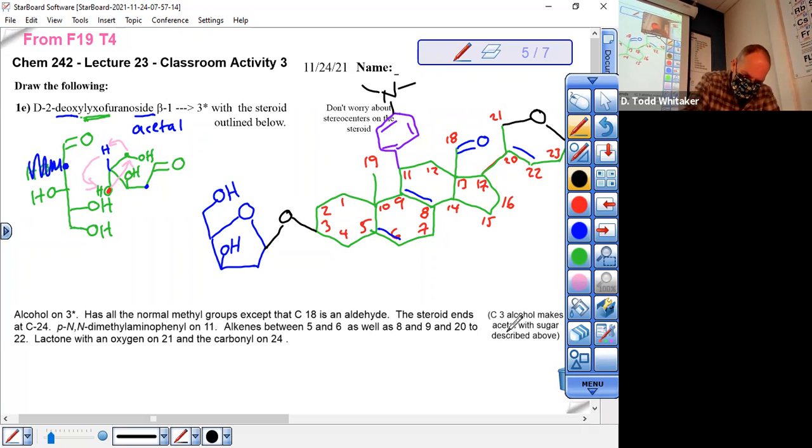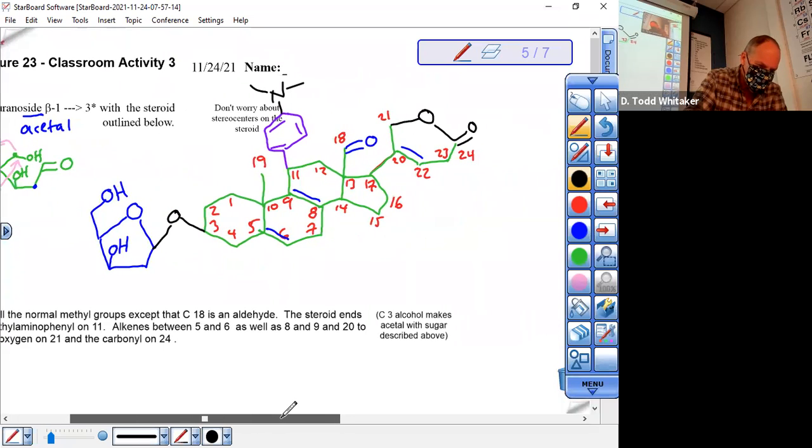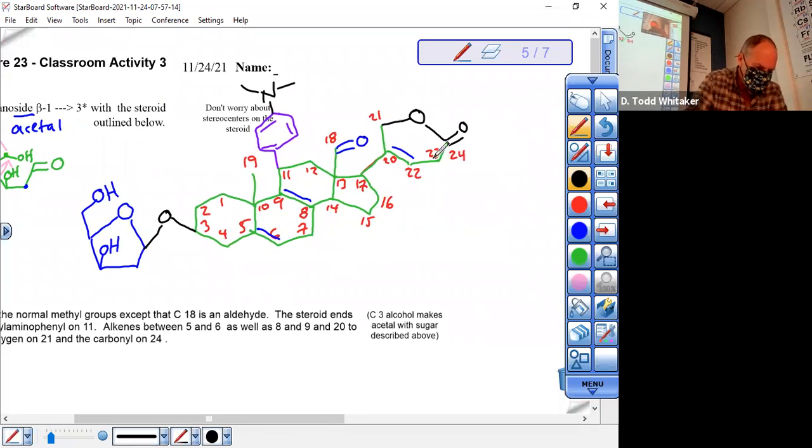C3 alcohol makes acetal with sugar described above, and it says there's a C3 alcohol, but it's not, it's an acetal. You were told it's an acetal. And I believe that's everything asked for. So that's what I want to see on the test. All righty. Leave that with you.